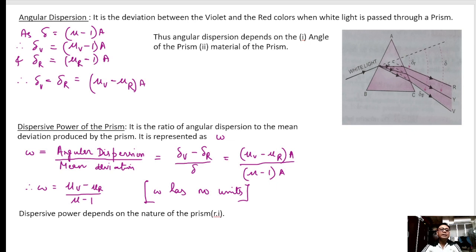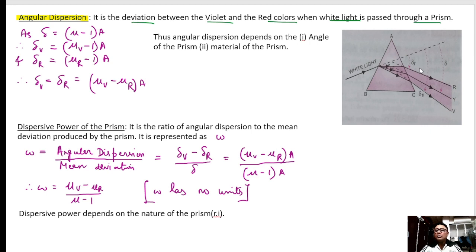So let's see the next one. Angular dispersion. What is that? It is the deviation between the violet and the red color when white light passes through a prism. You see, this is the white light which is passing through the prism.